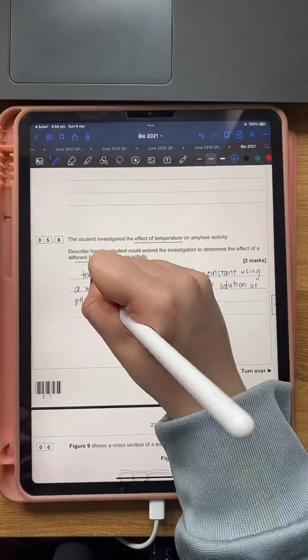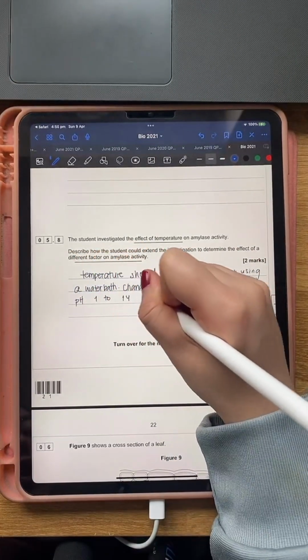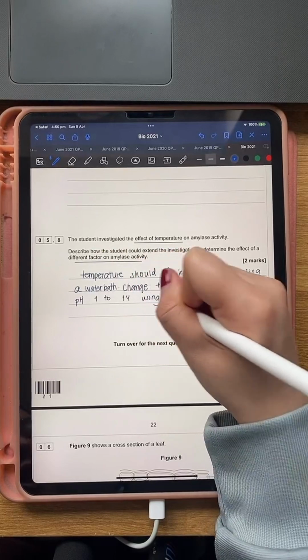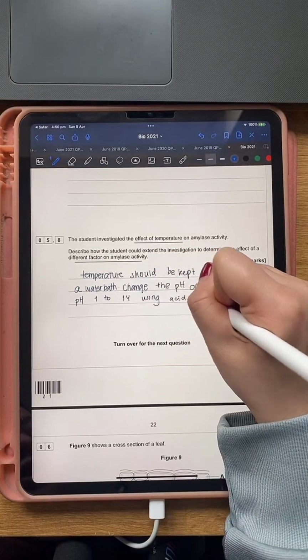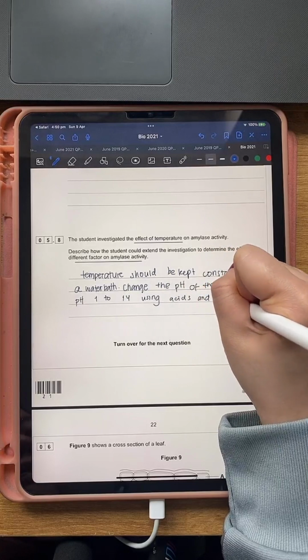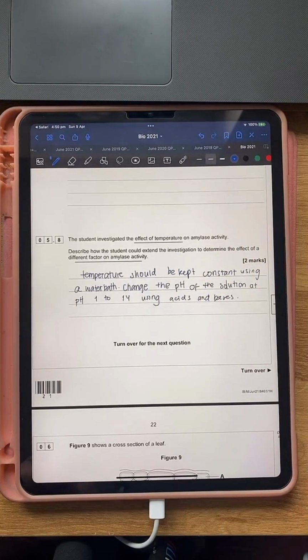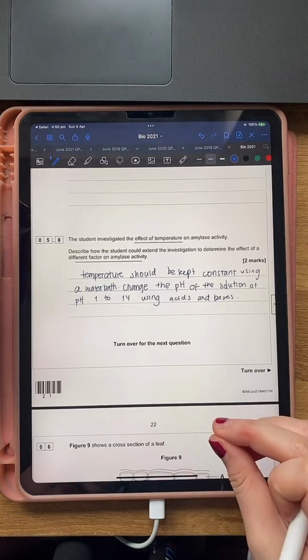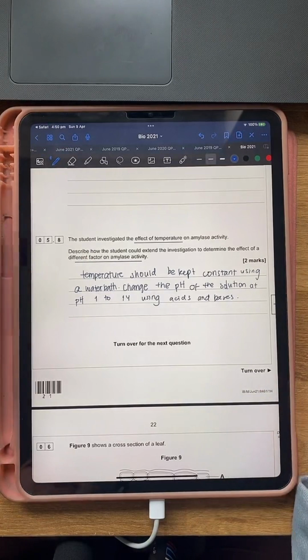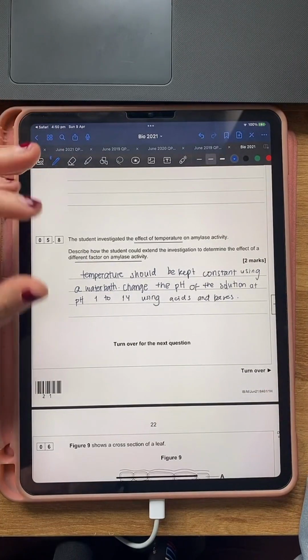Super simple. That's all you need to say. One of them should always be kept constant and one other thing should be changed, and that other thing is the pH. You need to say that you're changing it from a pH of something to something, or a concentration of something to something, to show that you're using a range of values here.